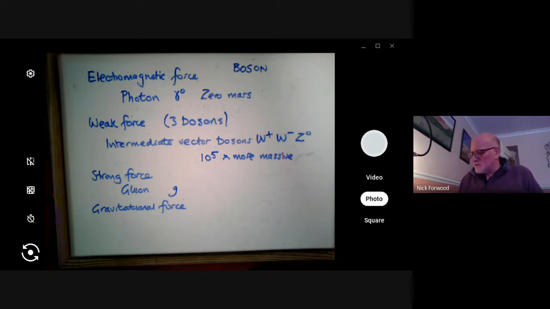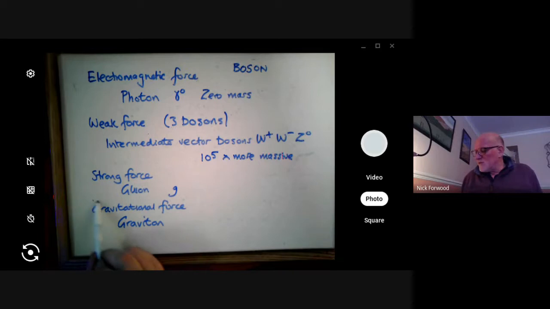Now, the boson that causes the gravitational force is something called the graviton. So it exists in theory because we know that gravity should be one of the fundamental forces, but it doesn't quite fit in.